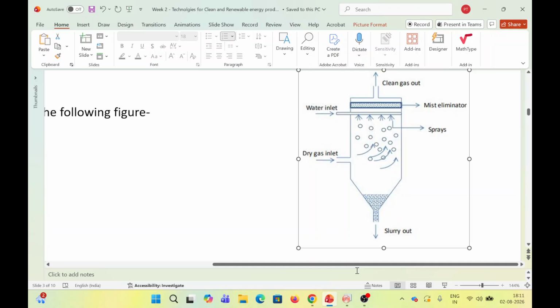That is why, in the case of a scrubber, the efficiency for a 25 micrometer particulate matter is going to be somewhere more than 95%.